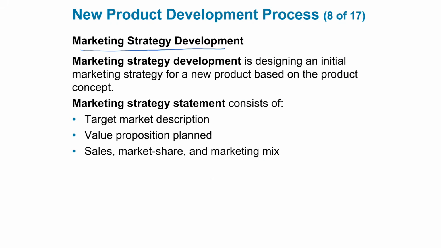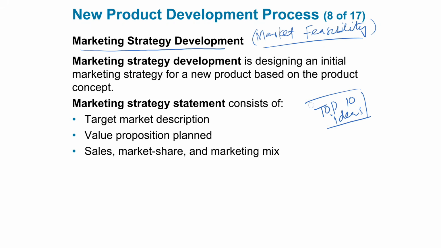In some books it is also called market feasibility. Market feasibility is when you see an idea, suppose the top 10 ideas, you check if these top 10 ideas are feasible.